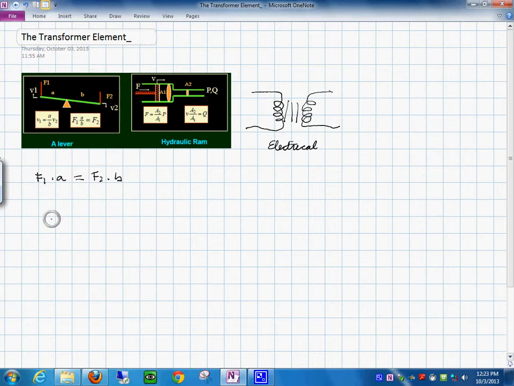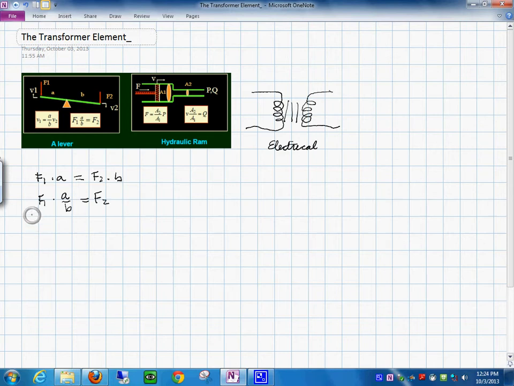If we write it in terms of a transformation, we could say that F1 times A over B will be F2.